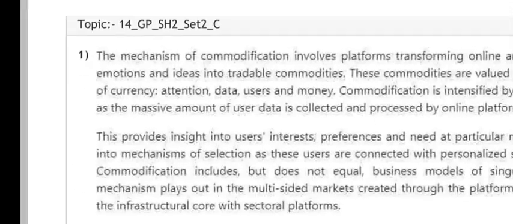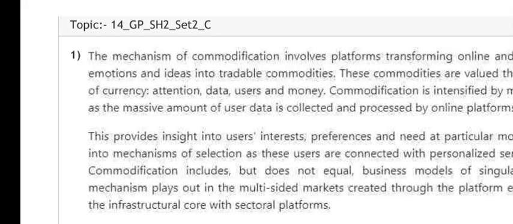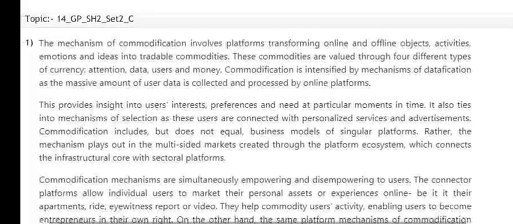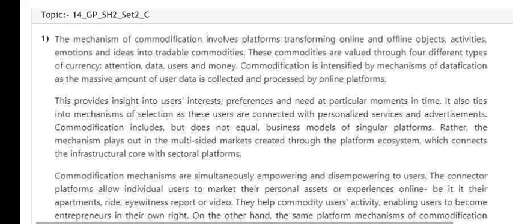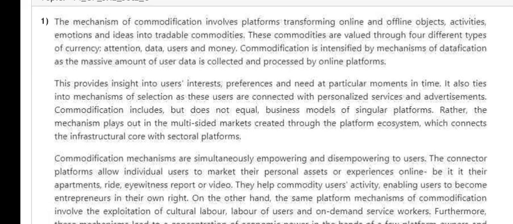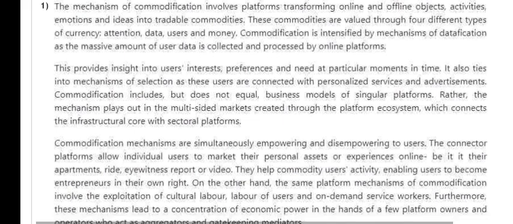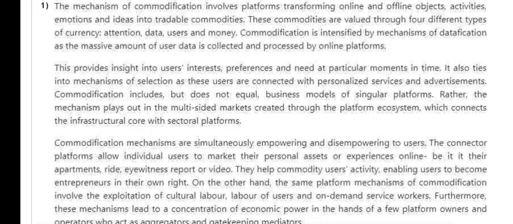Next, from 46 to 50, we have to first read a passage and then answer the questions on the basis of the reading passage. So let me read it. The mechanism of commodification involves platforms transforming online and offline objects, activities, emotions, and ideas into tradable commodities.